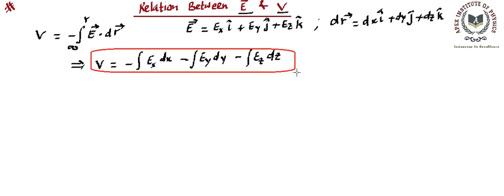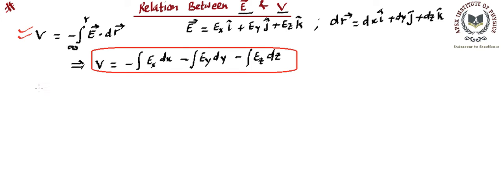If E is known to us, we can easily find out the value of V, or if it is given in the form of r cap or radial coordinates, we can use this as our expression, which is a relation between these two fields, scalar and vector fields. We have already talked about this being the potential with respect to reference infinity.